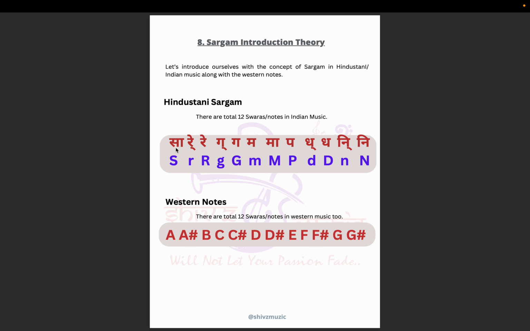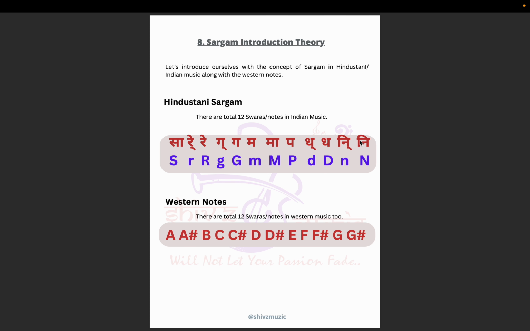Starting with Sa, I have denoted it with capital S. Then Re Komal is denoted with small r, then Re Shuddh with capital R. Similarly, Ga Komal is small g, Ga Shuddh is capital G, Ma Shuddh is small m, and Ma Tivra is denoted by capital M. Then Pa is denoted by P, Dha Komal by small d, Dha Shuddh by capital D, and Ni Komal by small n.